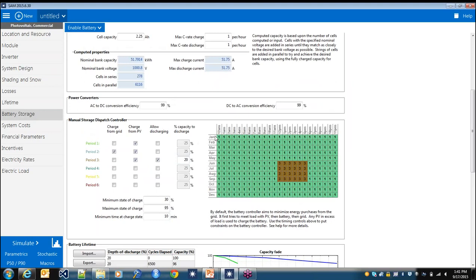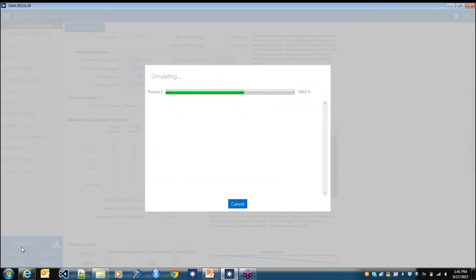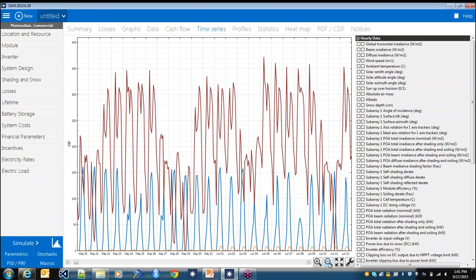This is because we have so much less PV than we have load that the battery never charges. So let's, in the middle of the night here, make a new profile and call it profile 2. This allows the battery to charge from the grid. If I click resimulate, we start to see some battery usage here.